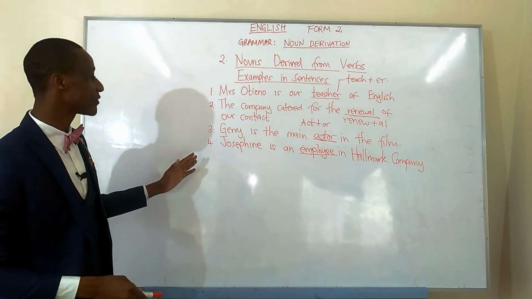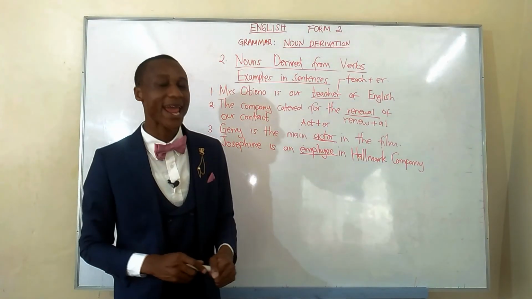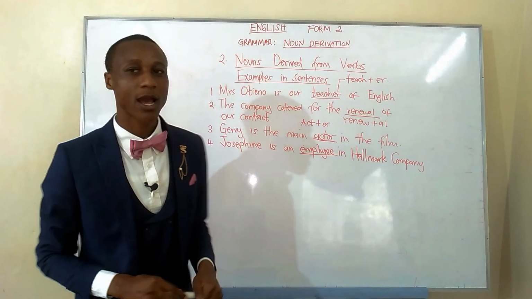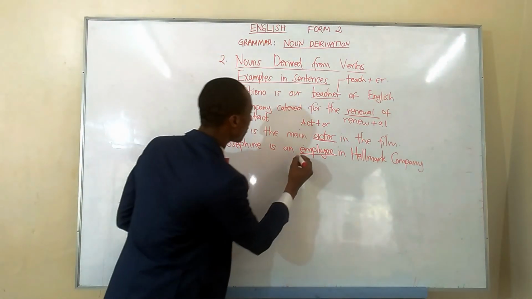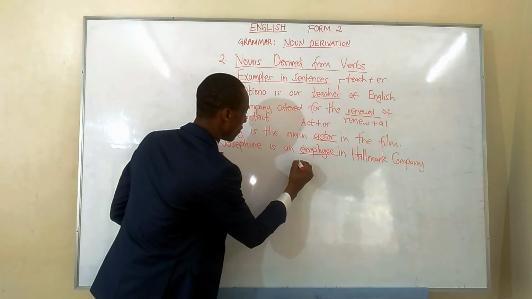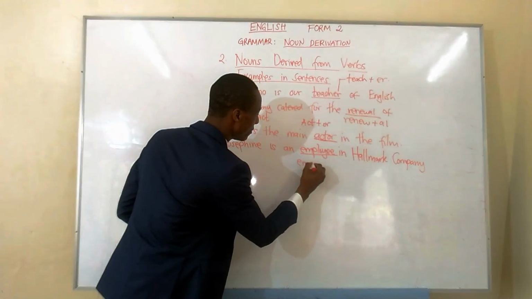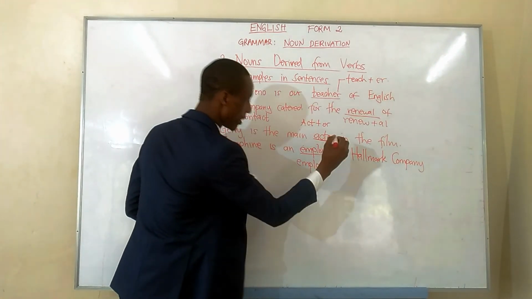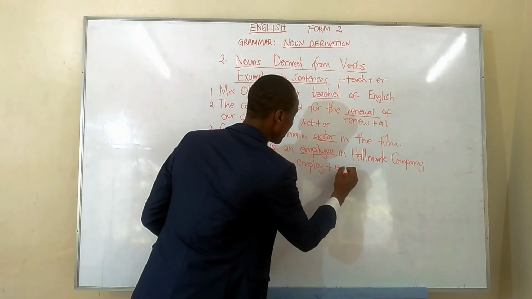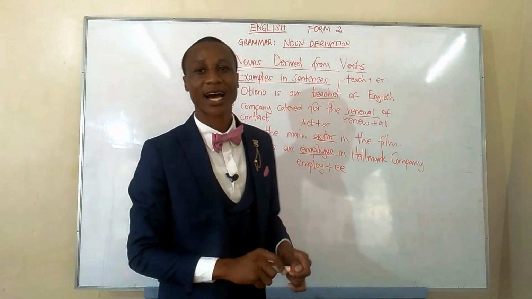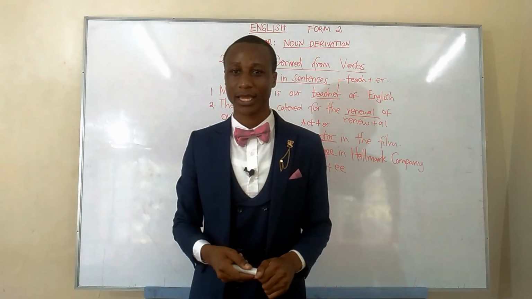Lastly, Josephine is an employee in Hallmark Company. So employee is formed by the verb employ plus the suffix ee, which forms the noun employee.